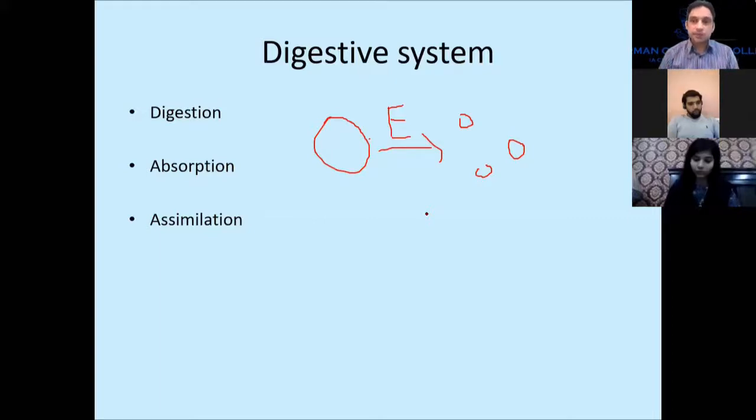Why we need to have a digestive system. You know that humans and other living organisms need energy to carry out all the basic functions of life, to carry out all the metabolism and chemical reactions which are going on within our bodies. They need energy for that purpose, and that energy comes from two sources.